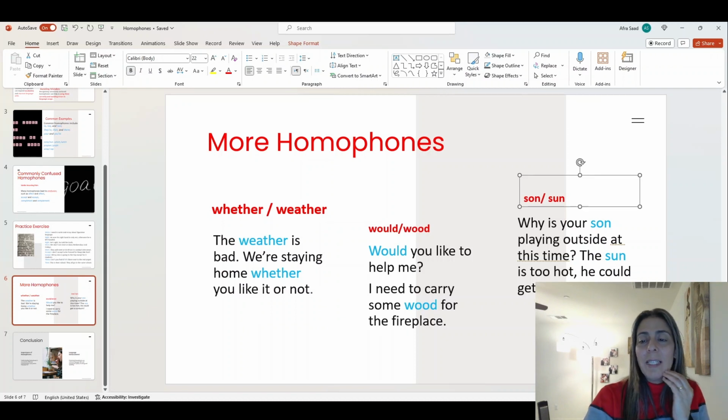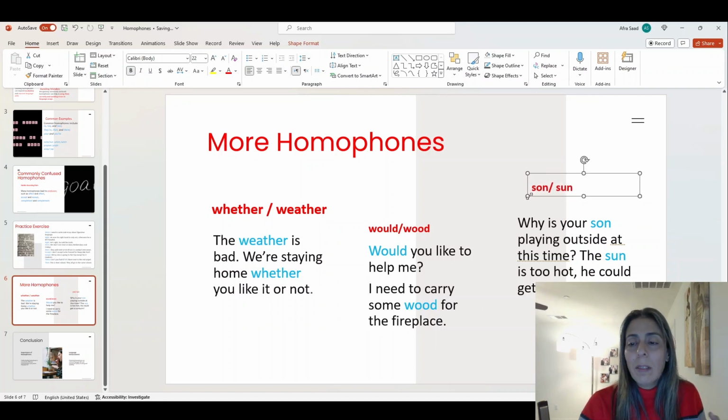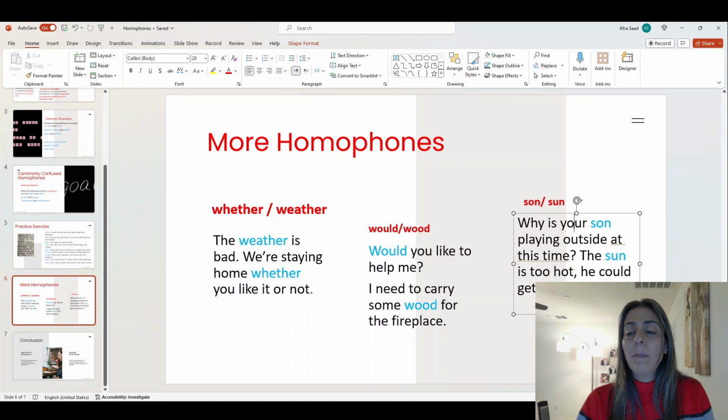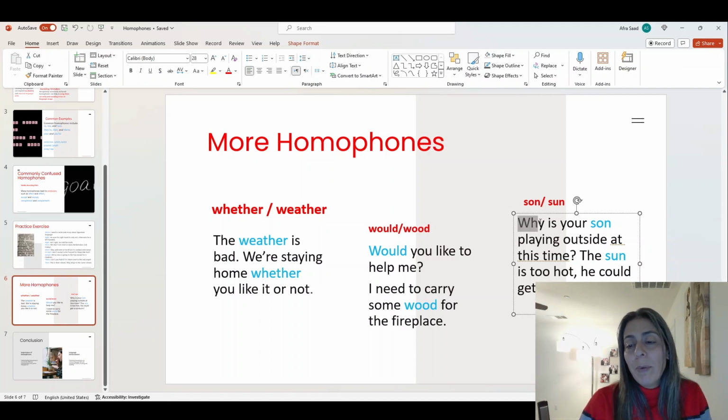we have sun and son. Remember when I told you about some and sum. Now we have son and sun. All right, and we know son is a biological child or non-biological child, but son is a child. When you talk to a child, you will say, oh, son. Now the example is, why is your son playing outside at this time?